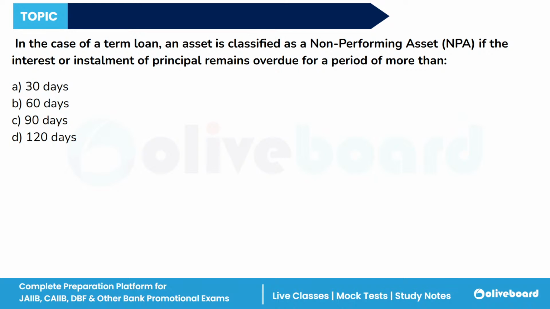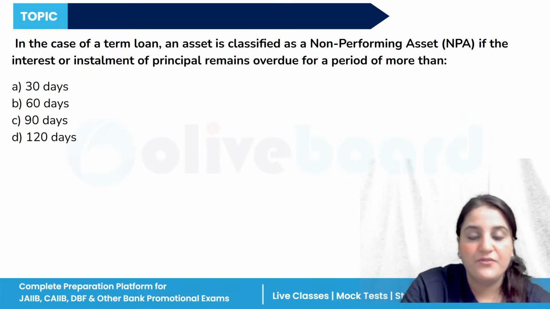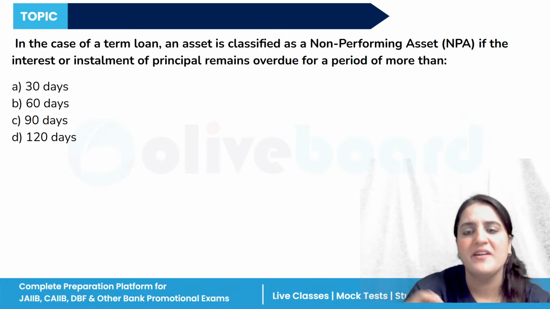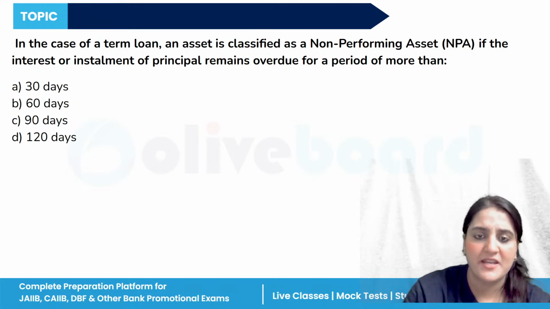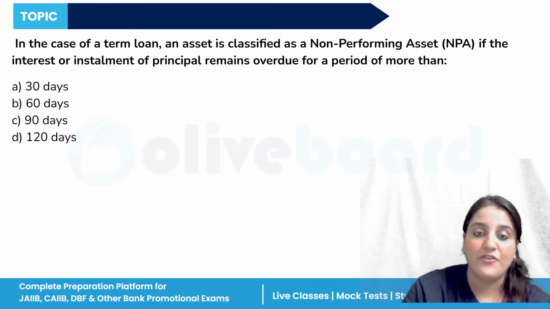Let me tell you some concept about this. We know NPA is a loan or an advance where interest or installment of the principal remains overdue for a period of more than 90 days in respect of a term loan.